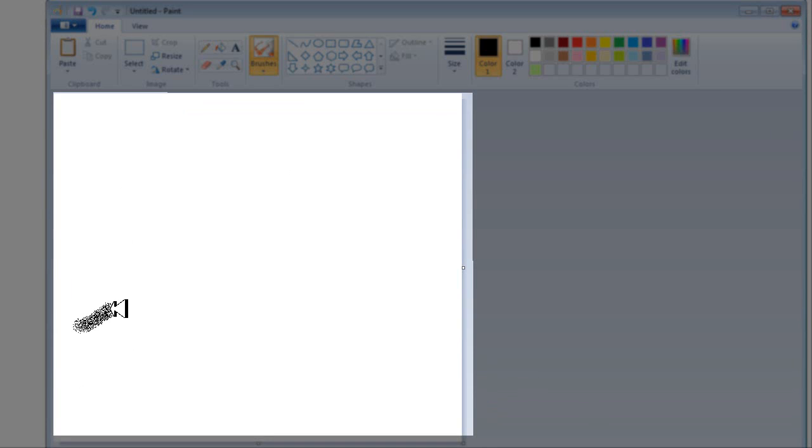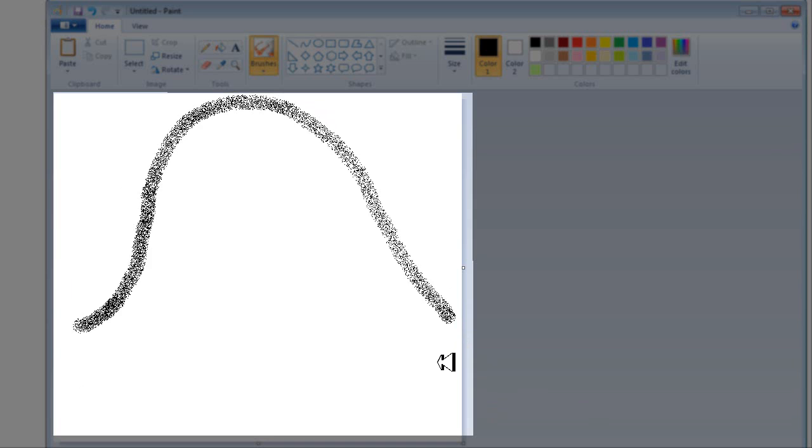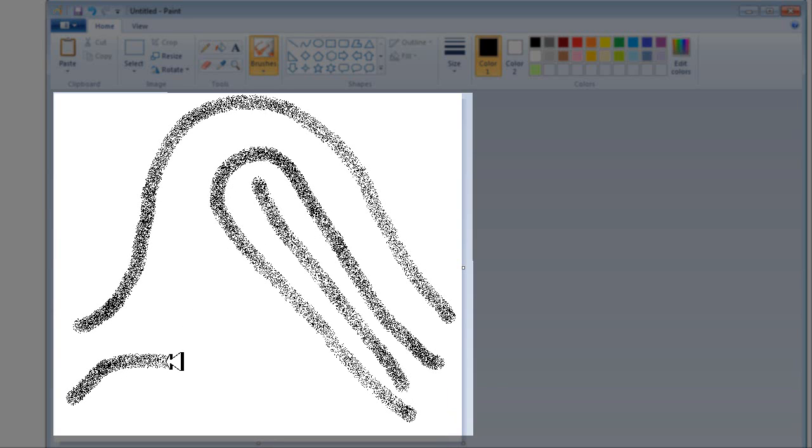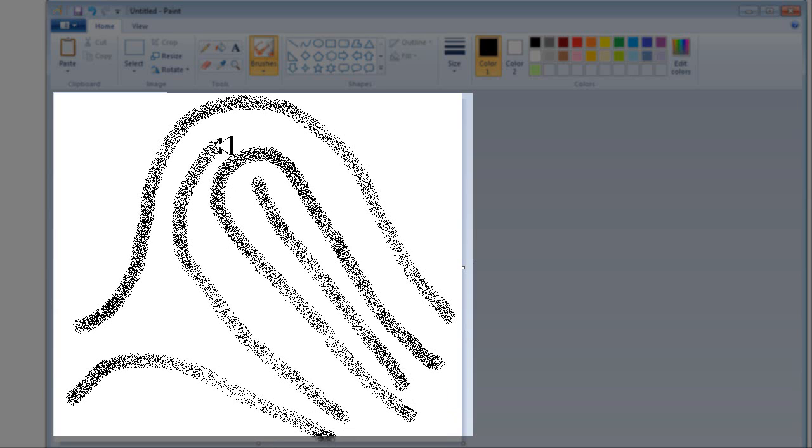Now I'm going to do something else. And hopefully you're already recognizing that this would be the loop formation.